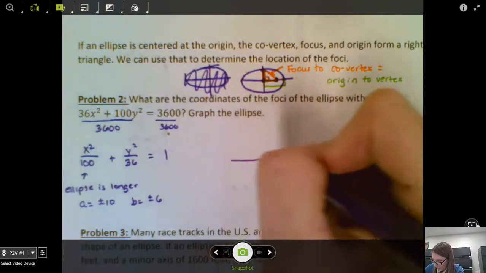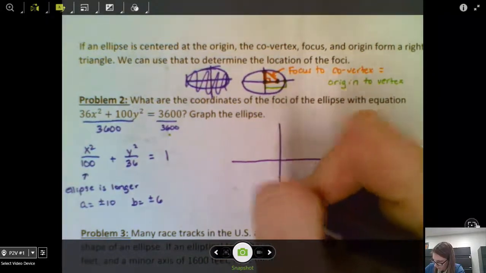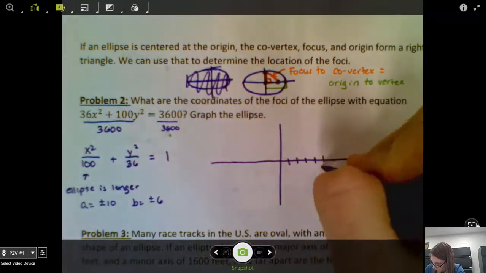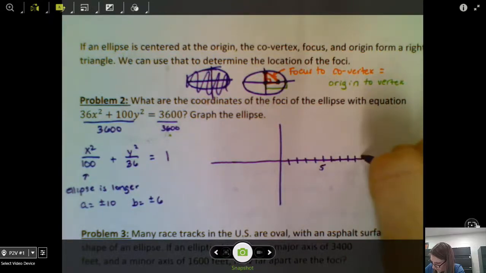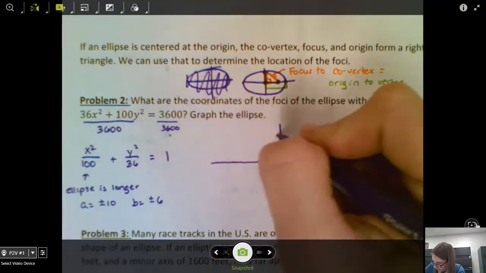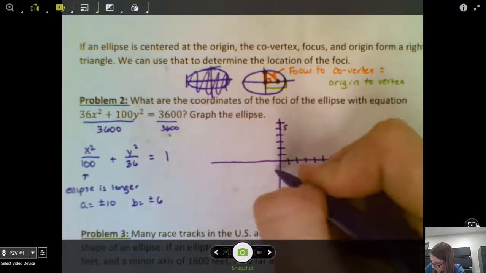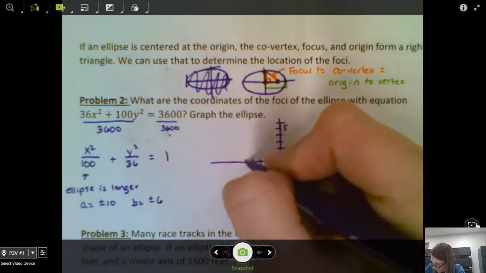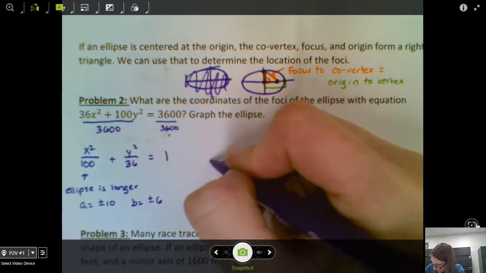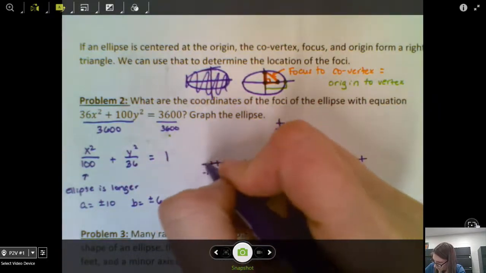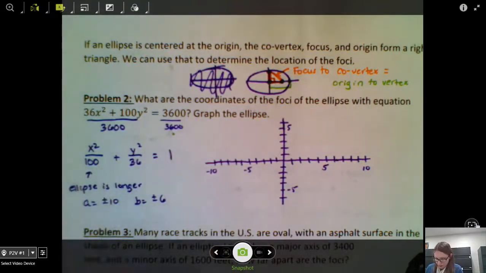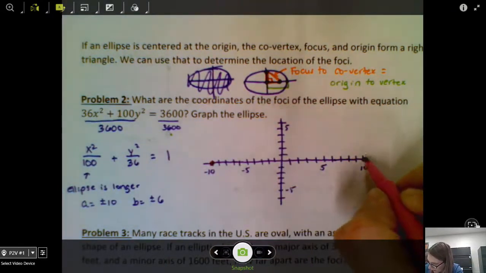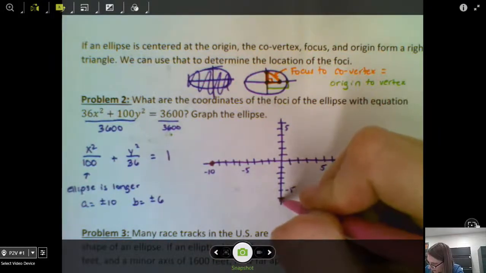All right, so let's start off by graphing now. Our ellipse is longer, so that means on our x-axis we go from negative 10 to 10, and then on the y-axis we go from negative 6 to 6.